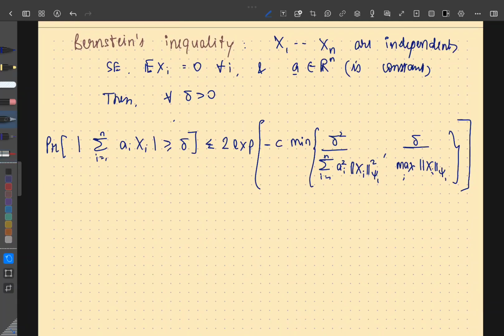That's right, there should be an a. It's supposed to be ai times the subexponential norm of xi.